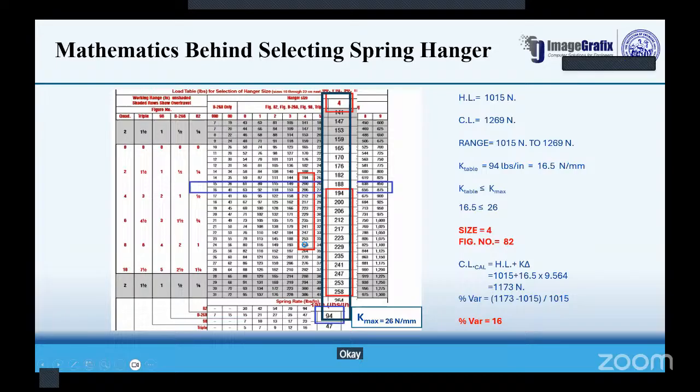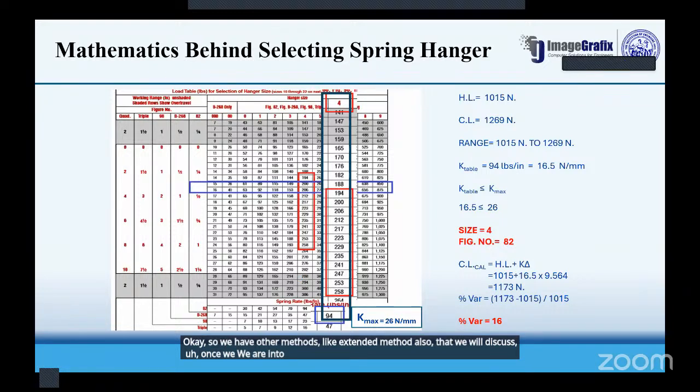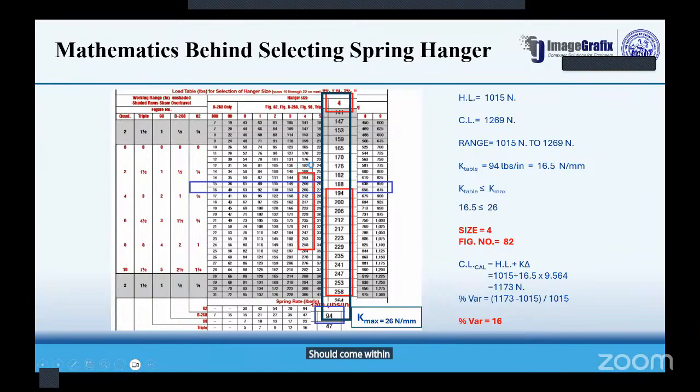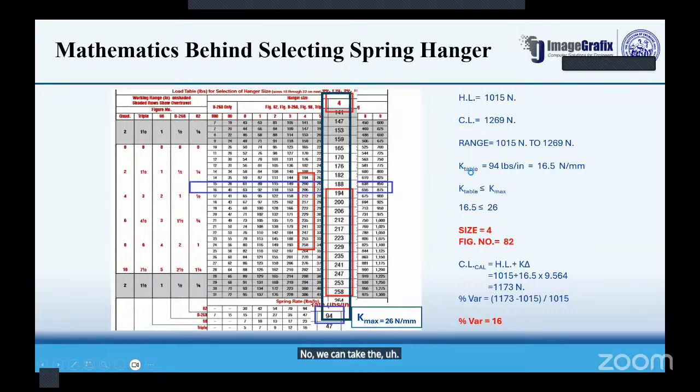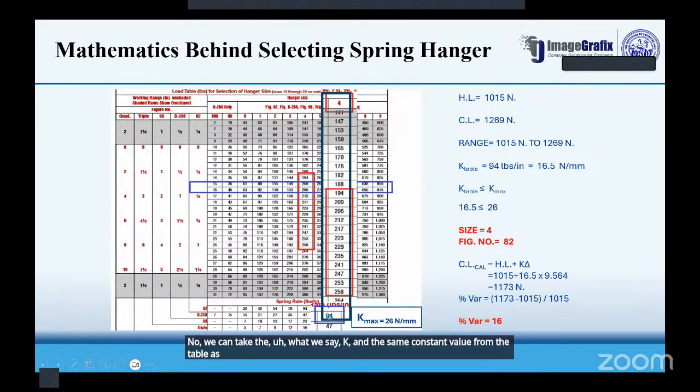We have other methods, like the extended method, that we will discuss once we get into the different settings options in the spring hanger part. But let us say we are taking now that the load range should come somewhere in between this particular load range for a particular size of spring. Now we can take the K value, the spring constant, from the table as 94.